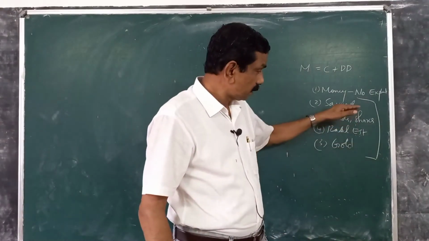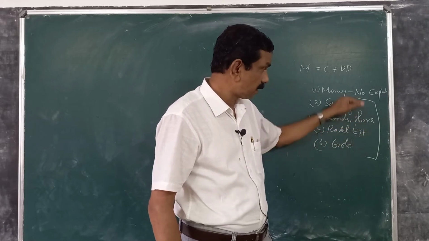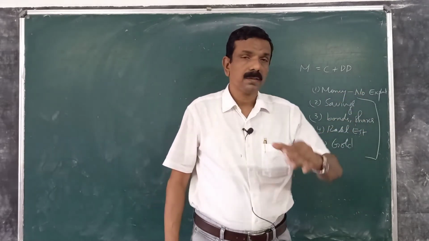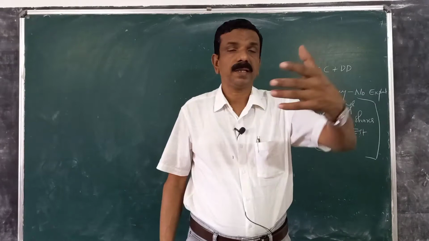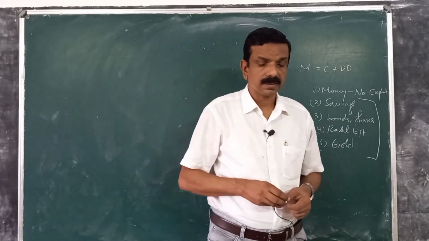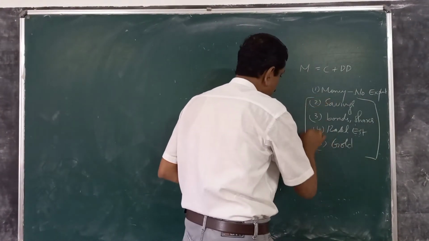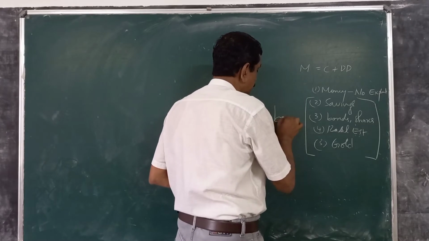So we cannot consider all these interest earning assets as alternatives to money to develop a theory of money and interest rate. To simplify our analysis, we assume that there is only one interest bearing asset, namely bond.